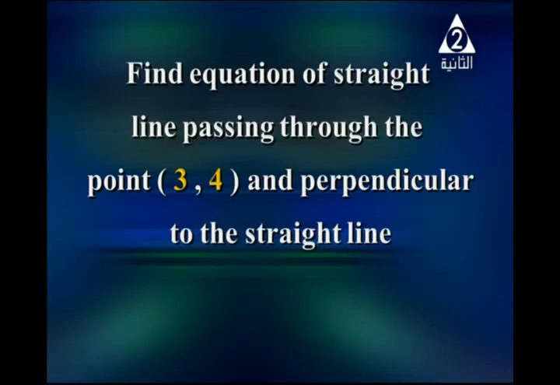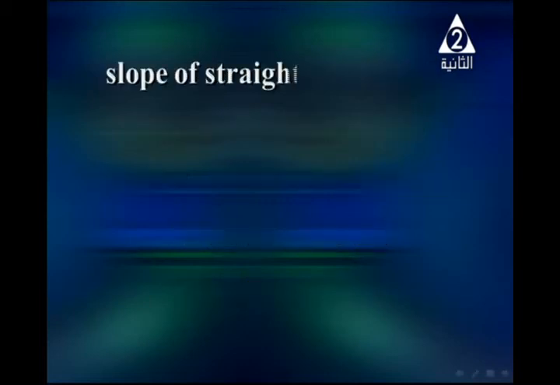Find the equation of the straight line passing through the point (3, 4) and perpendicular to the straight line 5x - 2y + 7 = 0. First of all, can you find the slope of this straight line? Yes, of course. How? The slope of the straight line will be -a/b.